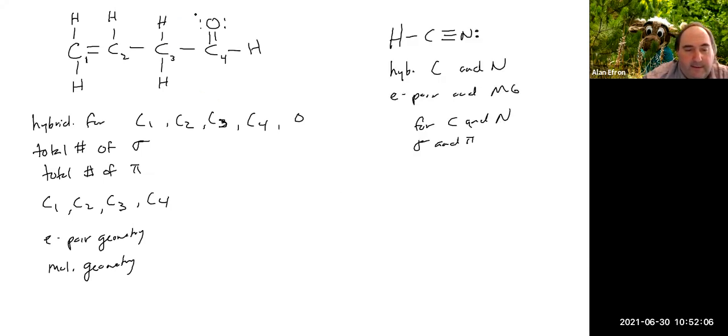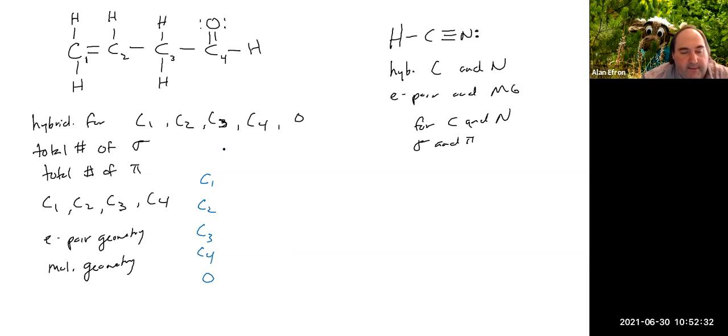All right, so what I'm going to do, I think I'm just going to make kind of like a little table. So if you look at the first one, we got carbon 1, carbon 2, carbon 3, carbon 4, and we also have oxygen, I guess we'll put in there. So we're looking for a couple of things.